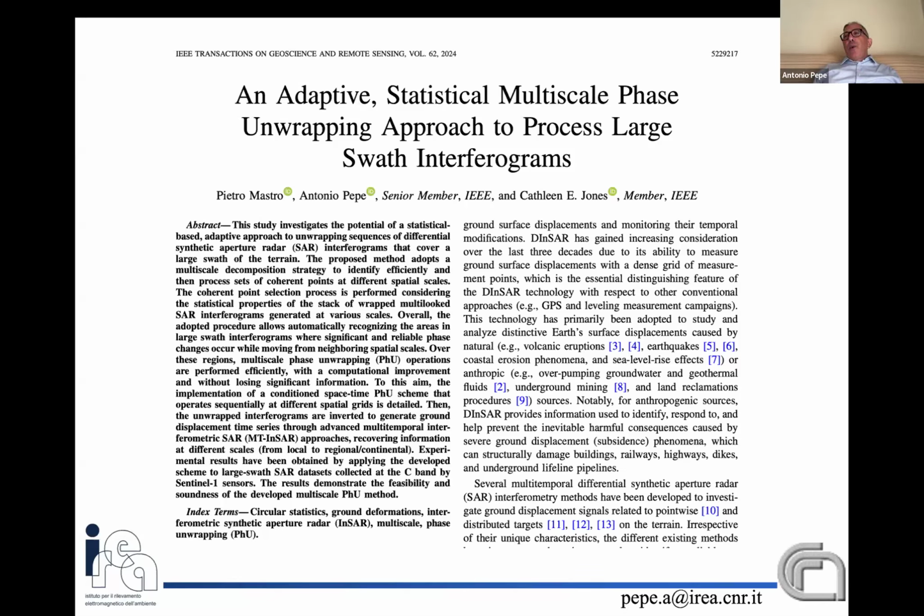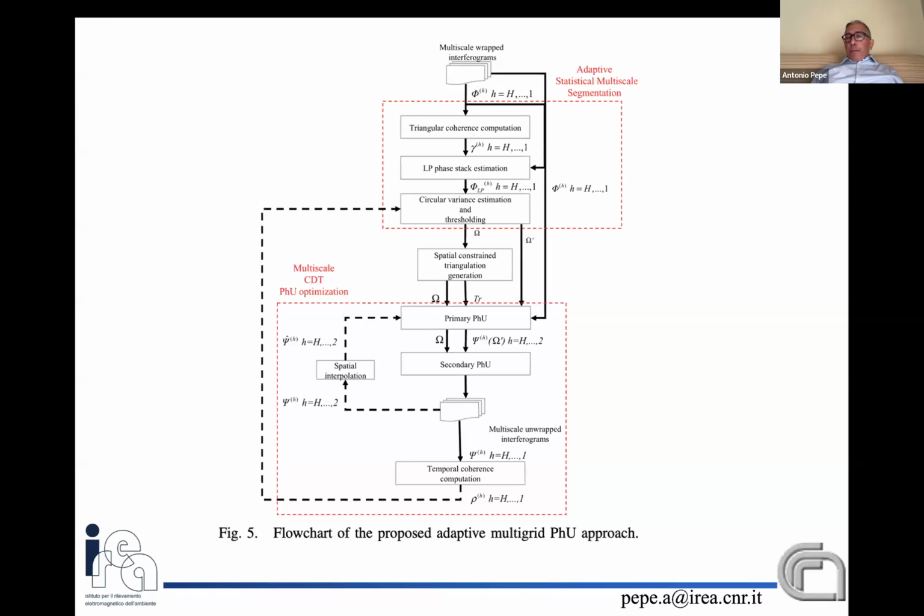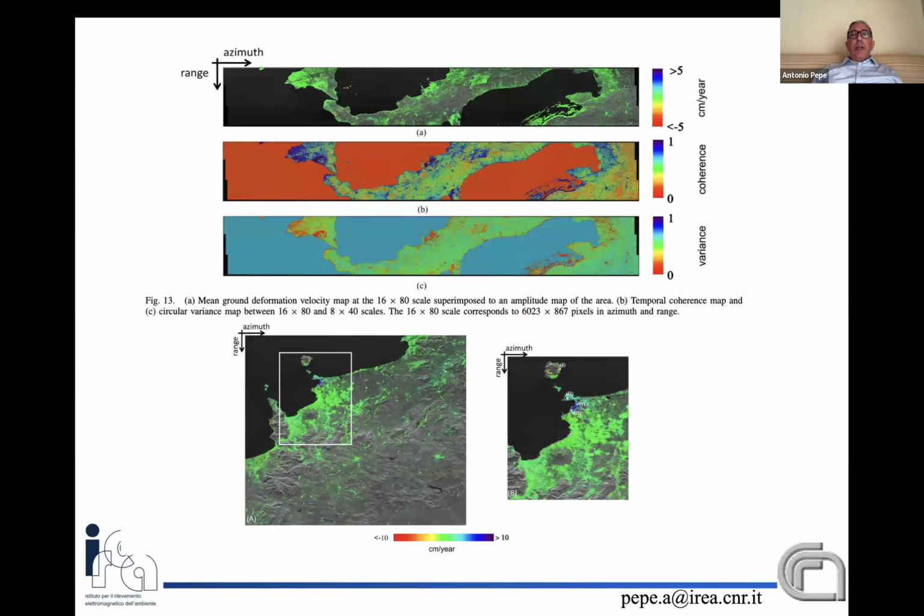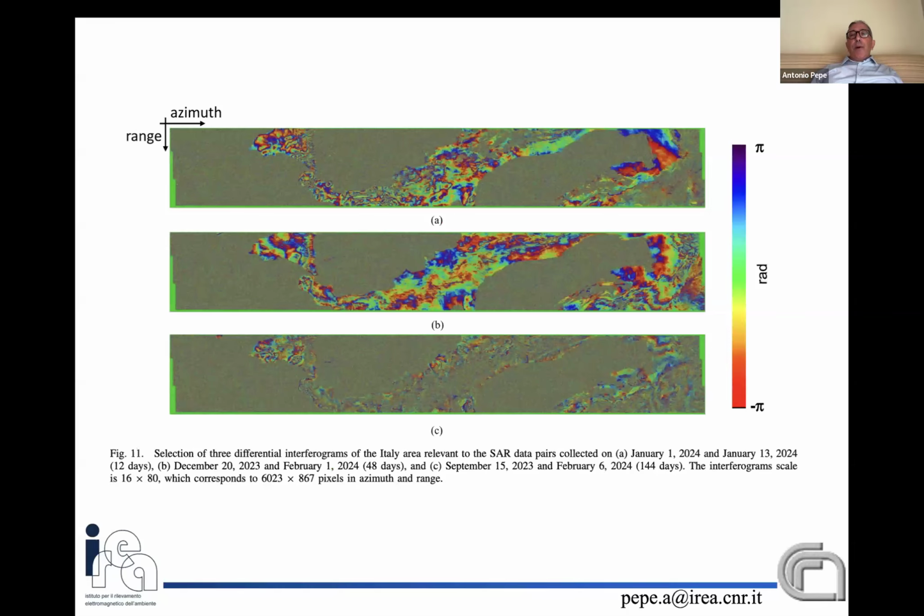And so we need to find a way to process these very large interferograms, trying to make the process robust, recovering the basic information and not spending too much time. Interested people can see these publications. For instance, this is an example of what we did for the area of Italy. It is positioned in azimuth and range coordinates, so it's complicated to see, but here is Campi Flegrei.